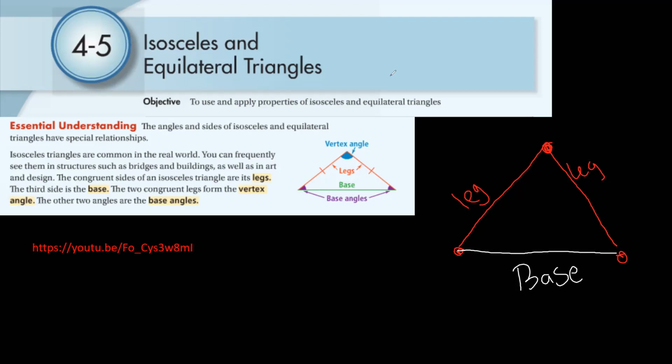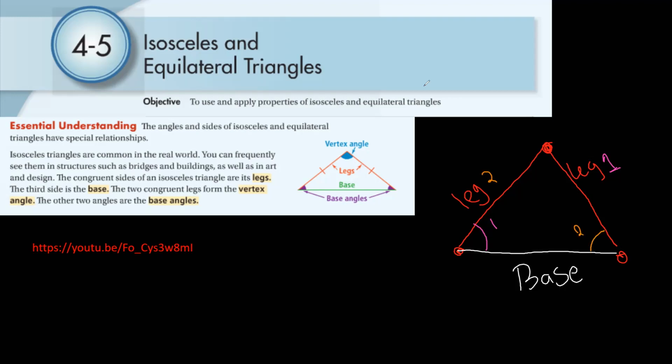Now, if you look at this leg, the opposite side is this one. For leg one, this is its opposite angle. For leg or side one, angle one is its opposite. And also for leg 2, this will be an opposite angle, which is angle 2.